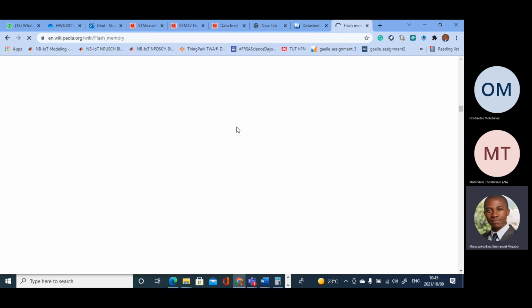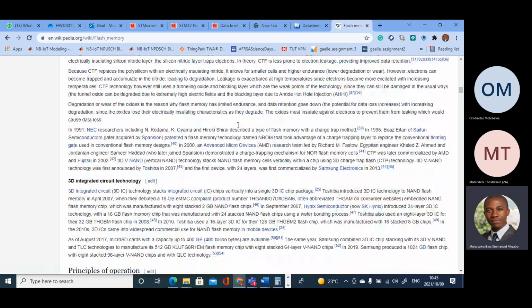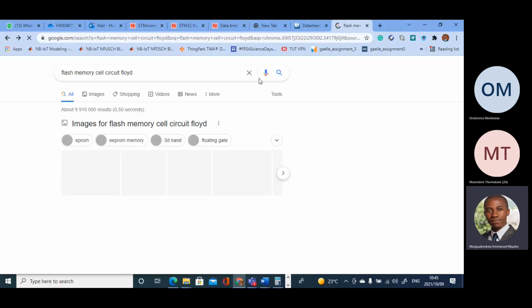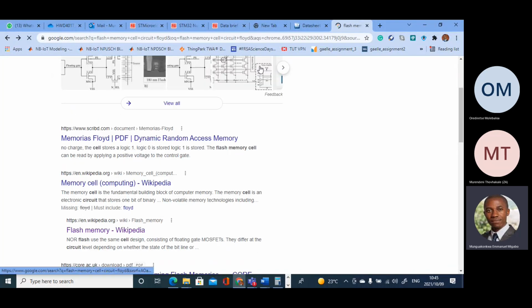Okay, I'll find the circuit from the Floyd textbook and actually explain it. But it's quite self-explanatory. There are many ways to burn, and I'm saying burn because that's how it used to be done in the past. You would burn data onto memory, like with CDs.